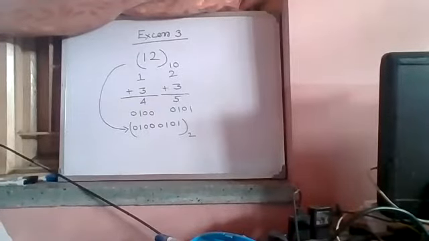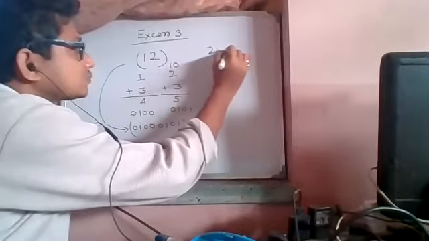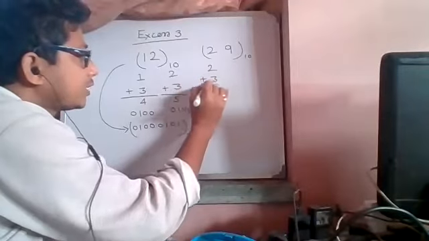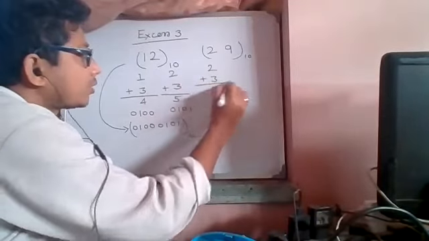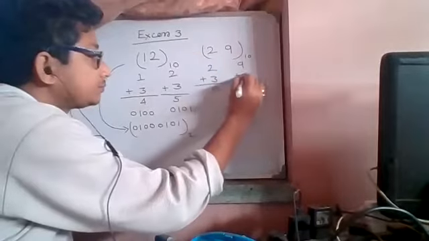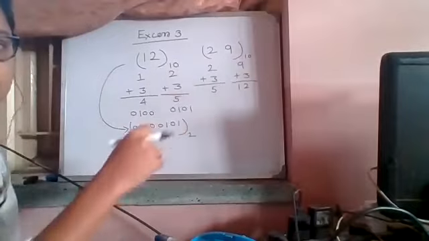Similarly, for any number, suppose 29 is given to you. Individually, with 2 you will add 3, and with 9 again you will add 3. It becomes 5 and 12.